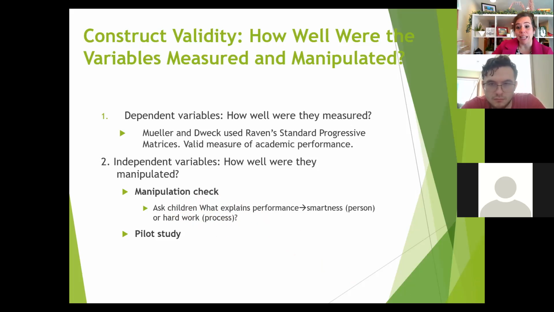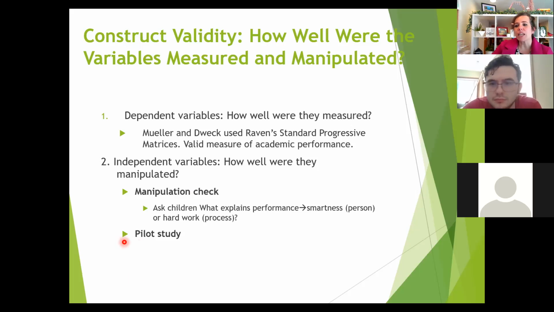You can also run a pilot study. That's kind of a trial run to see if you're getting the result that you think you should be. So it's using a separate group of participants, usually a much smaller group. Then you run through the experiment the way you would with your larger study to test out or confirm the effectiveness of the independent variable manipulation.